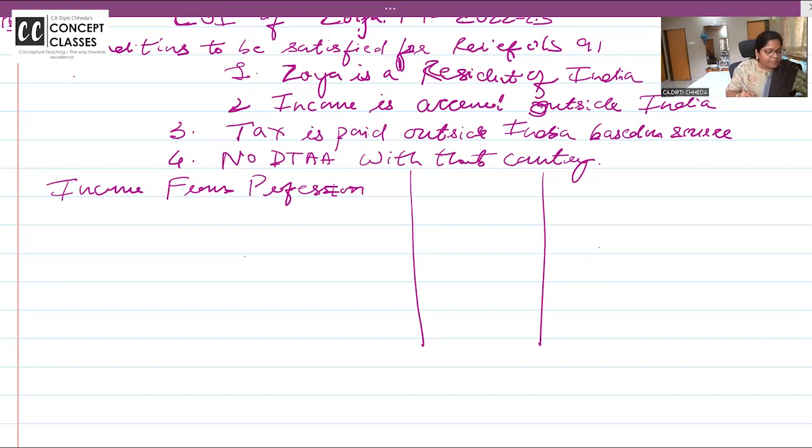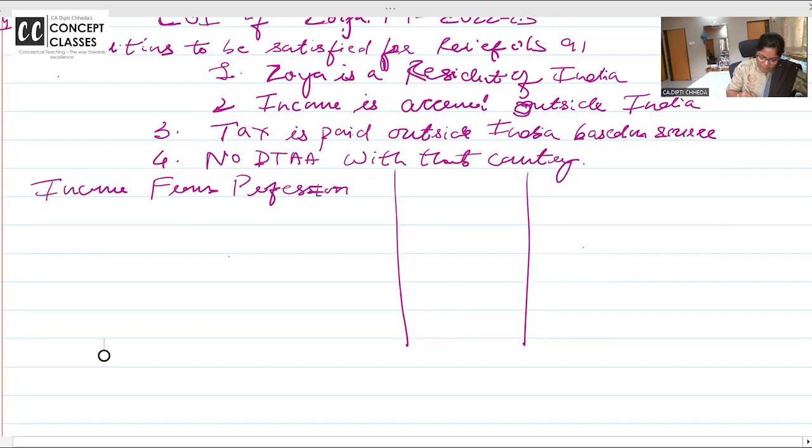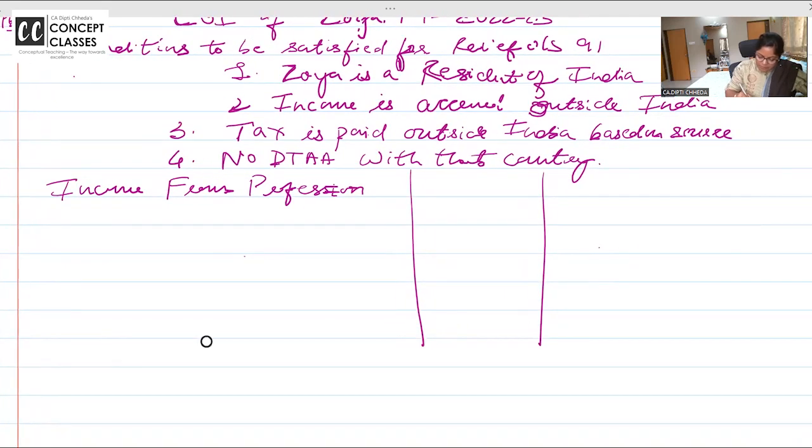First one, outside India: income from outside India is 10 lakhs. And he has earned 15 lakhs from playing the match in India.